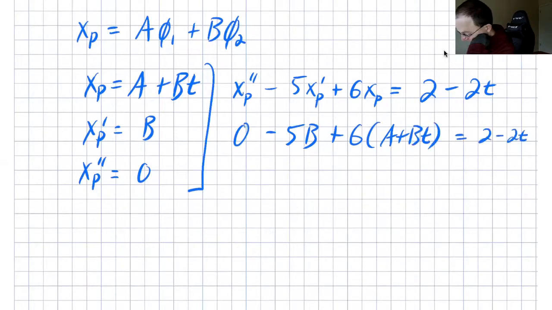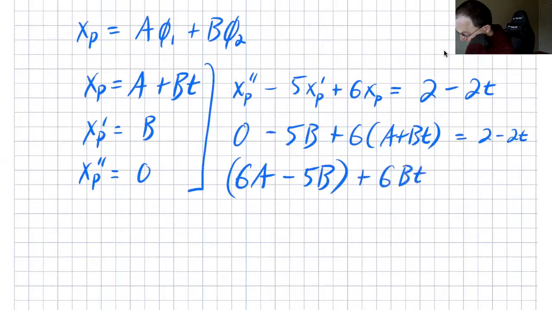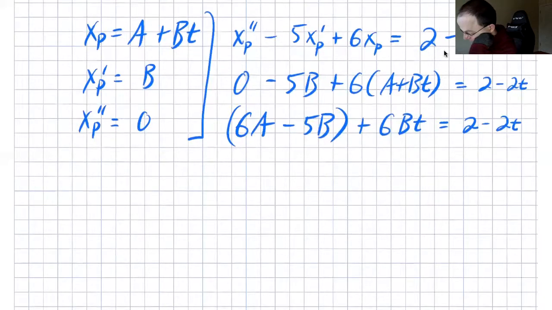And so we end up getting 6a minus 5b plus 6bt is equal to 2 minus 2t. So we can match up the coefficients. So this term here is equal to that. And then the other term here is equal to this, minus 2.